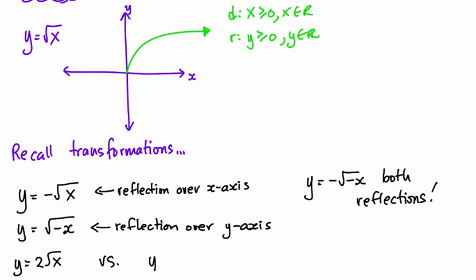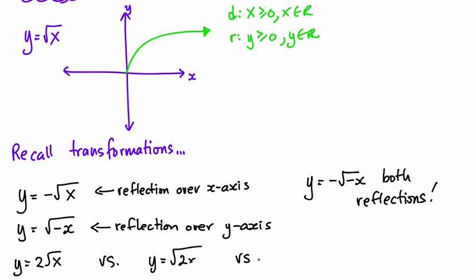If I graph y equals the square root of 2x, x got replaced with 2x, so all my x values are half as big. And so these points move this direction, and so I get a graph that looks like this. It is different than 2 root x, which doubles in this direction by quite a bit.